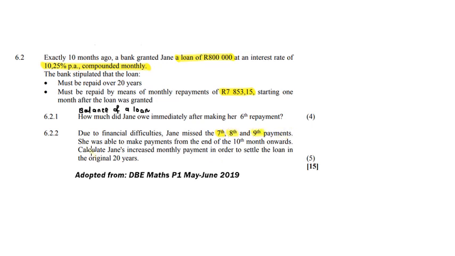She was able to start making payments at the end of the 10th month and onwards. We need to calculate Jane's increased monthly payment in order to settle the loan in the original 20 years. This is a key point that we need to take note of: we still want to settle this loan in 20 years.